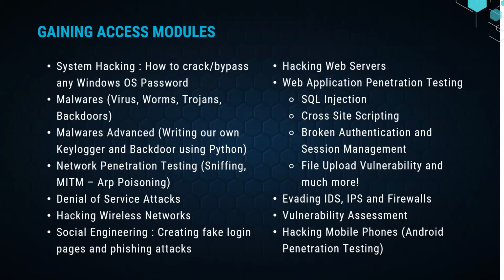Then there's hacking web servers or web applications. Every organization has a face on the internet, which is their website. And these websites or web applications sometimes have vulnerabilities on them. Vulnerabilities like SQL injection, cross-site scripting, broken authentication, file upload vulnerability, etc. These vulnerabilities allow hackers to get access to internal databases.